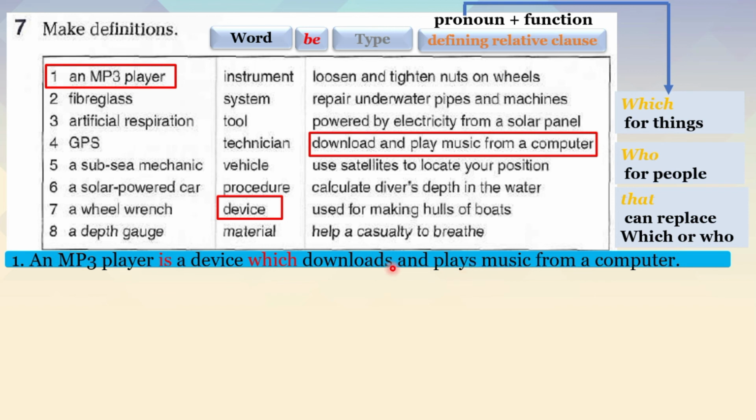We have downloads and plays here because our word is singular. Very good. Now pause the video and complete the task. Let's check the answers.